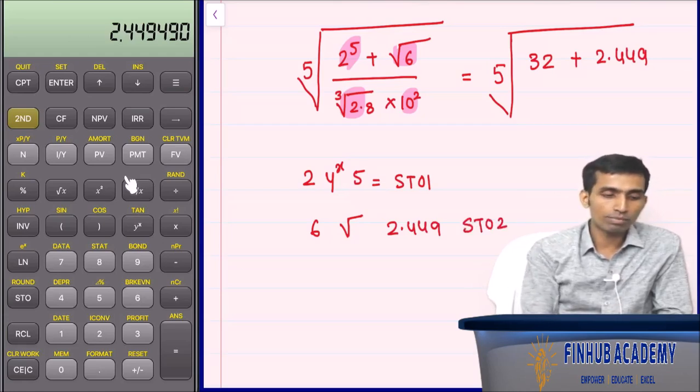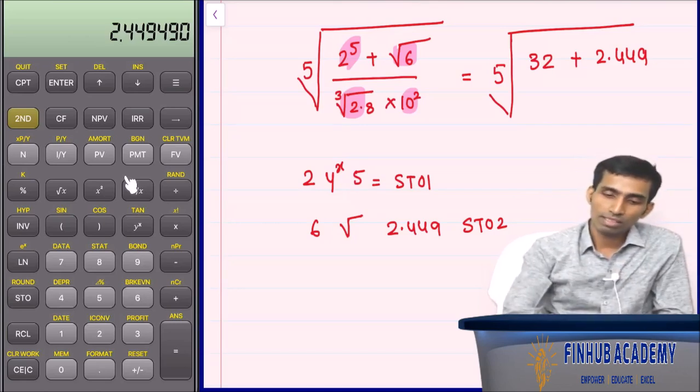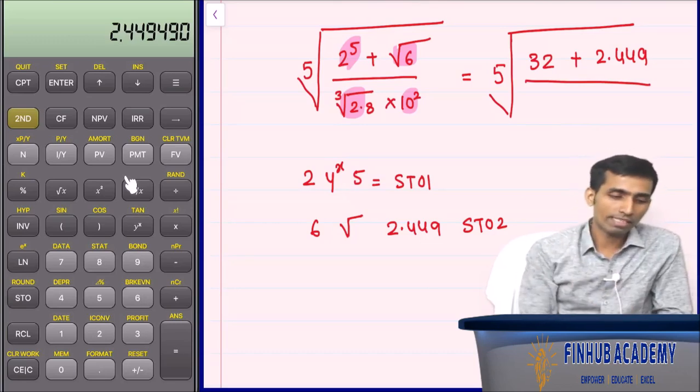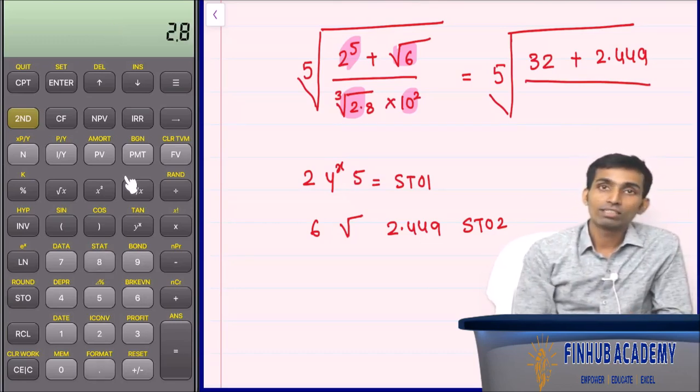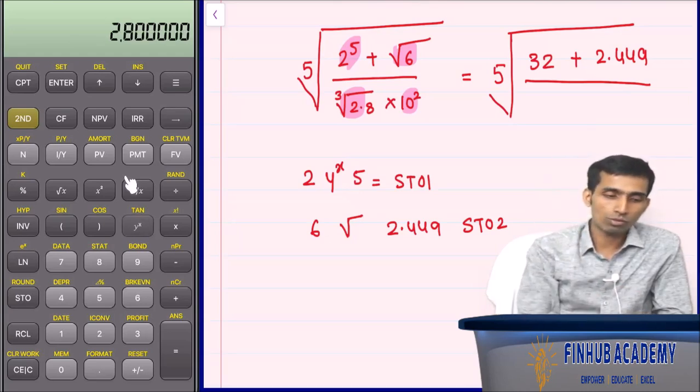See here beside 4 you now have STO2. So it is stored in 2. You can't see anything, but it is stored. Now upon the cube root of 2.8, how will I press that? 2.8, y raised to x, but this time I have to open the bracket: 1 divided by 3, since cube root means 1 divided by 3, bracket close, equals.